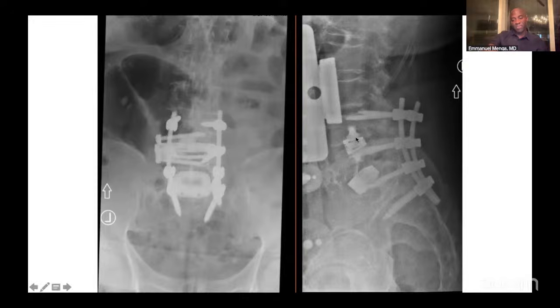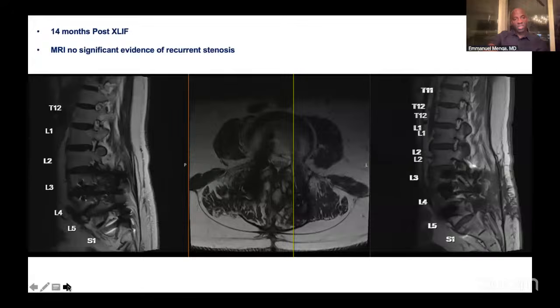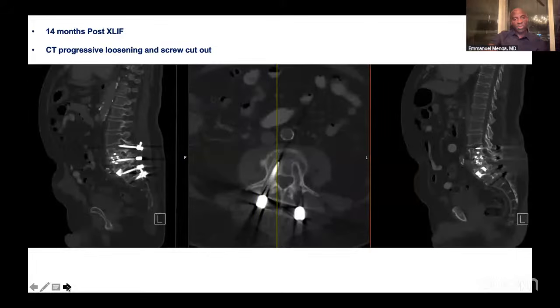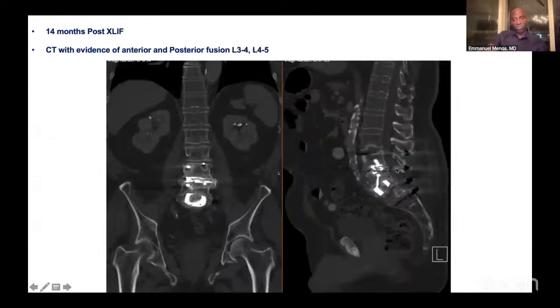We placed him in a brace and waited 14 months, then got x-rays to make sure he had not developed any adjacent stenosis, especially with all the motion, and also a CT scan, which confirmed that he had fused across the surgical site. We then took him back to the operating room and removed all of the posterior hardware without extending him, and his pain was completely resolved. That was the end of surgery for him.